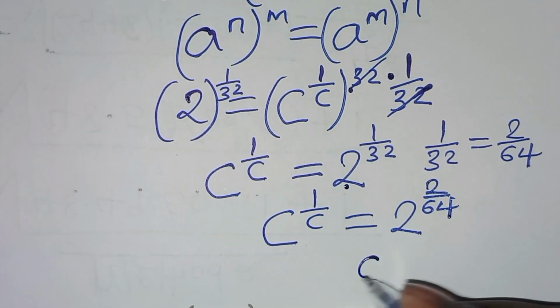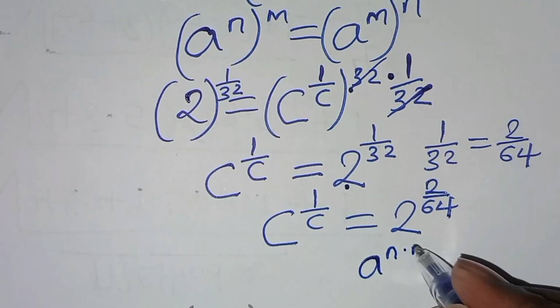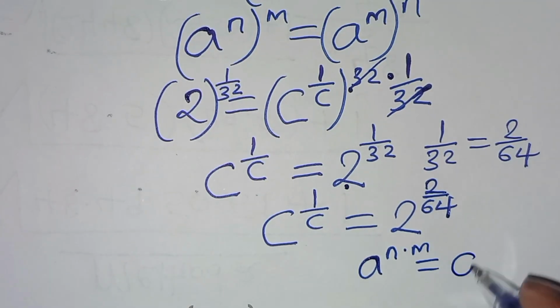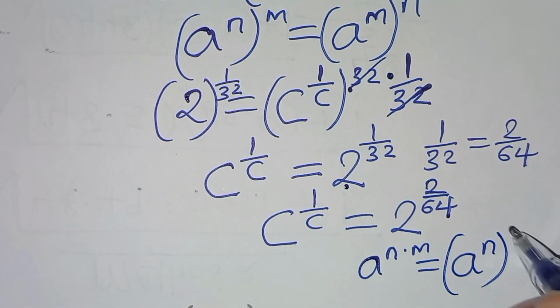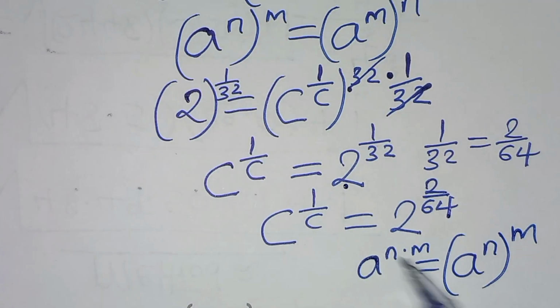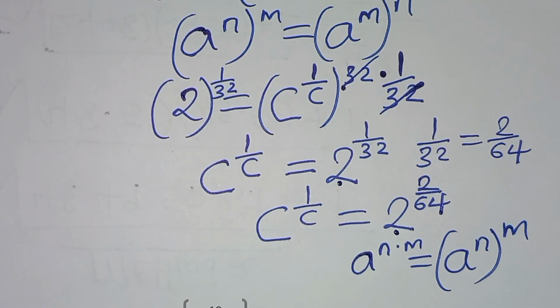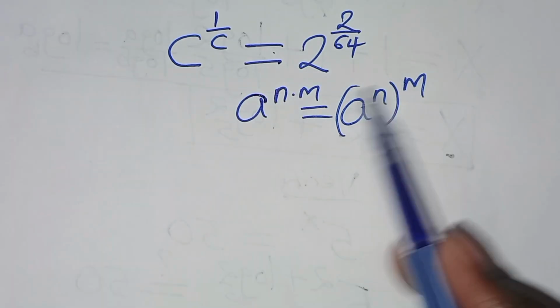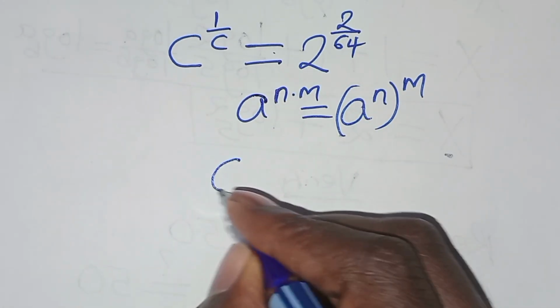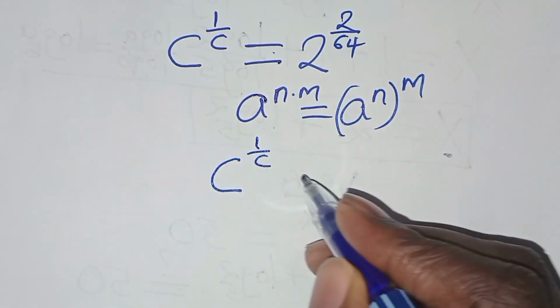So given that a to power n multiplied by m can be expressed as a to power n raised to power m, 2 to power 2 over 64 can be expressed as follows. Applying this exponent property, here we'll have c to power 1 over c.